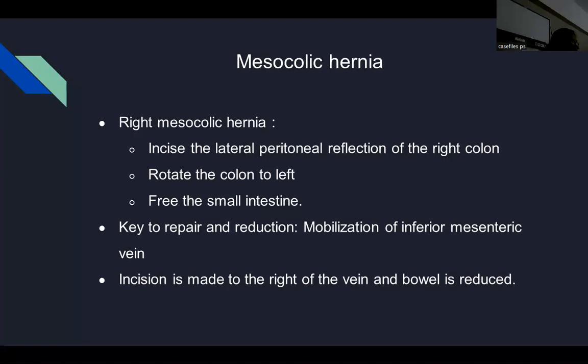You can close the defect with a non-absorbable suture, or we can reflect this beneath the structure and reform it. This is not very standard, but you can get surprises. When you open an abdomen, there is a visible hernia and you don't know what it is. The right side, you treat like a malrotation. Left side, reduce and close it. So for the whole exercise, it is better to open.